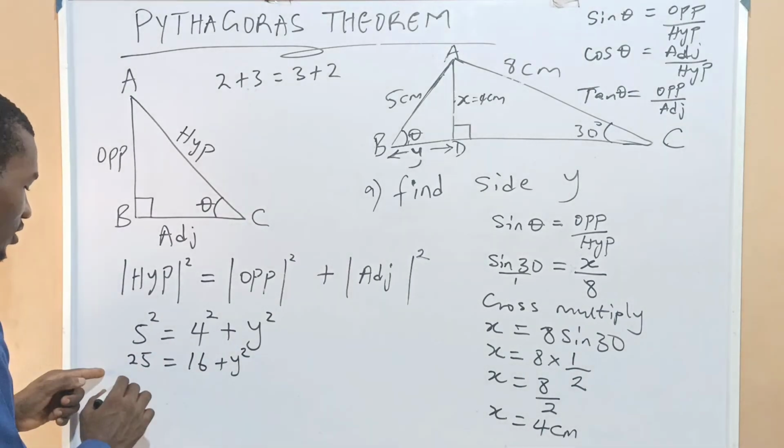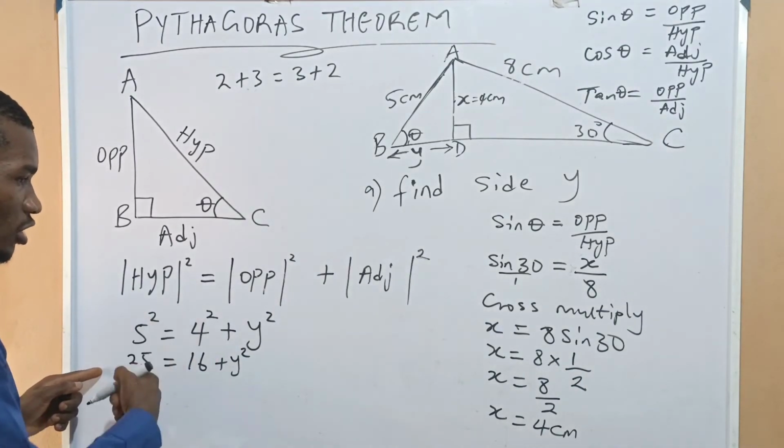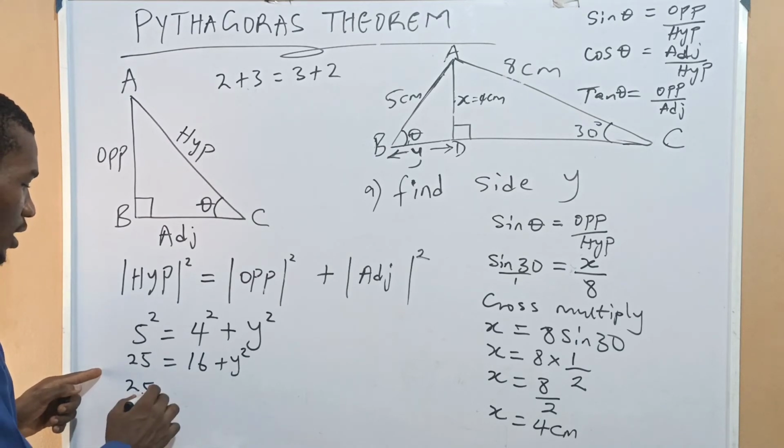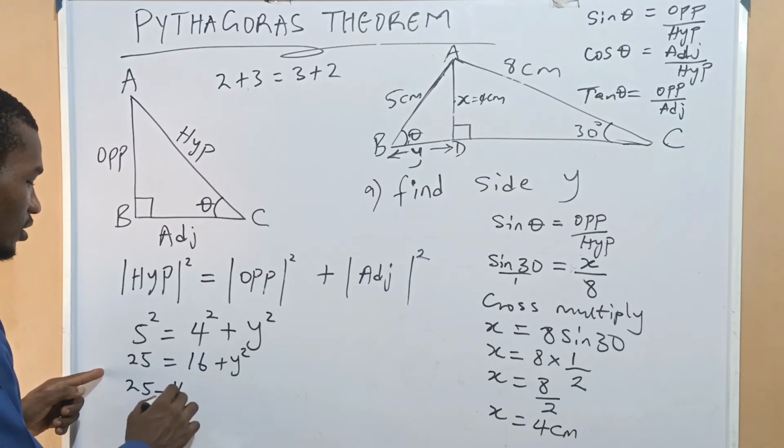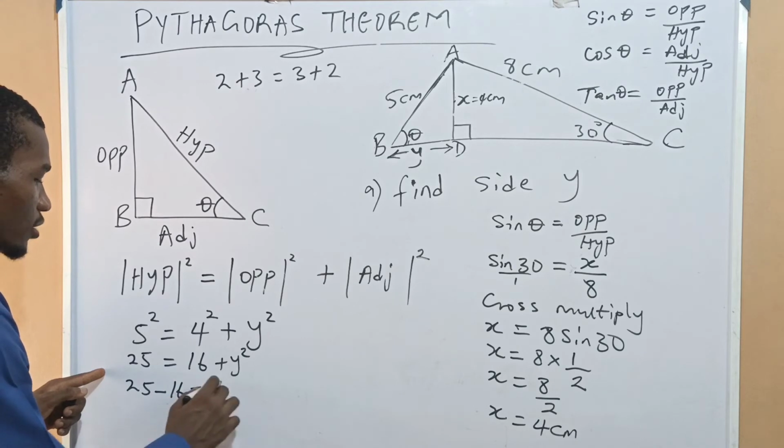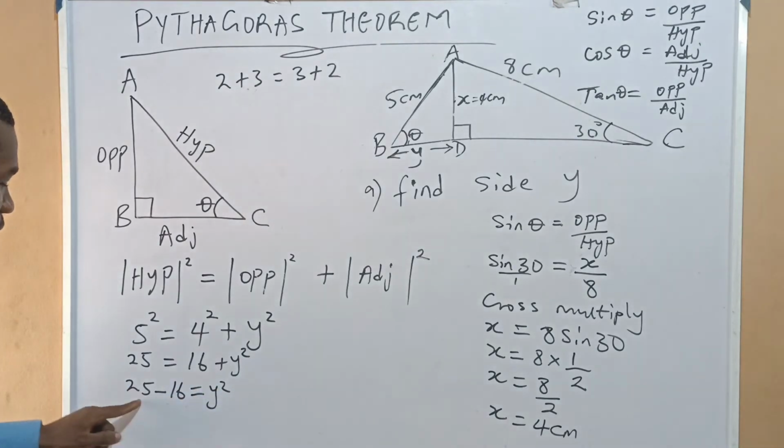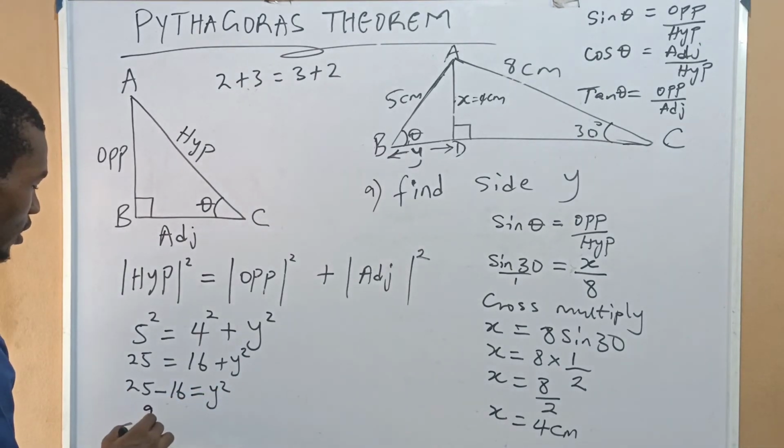And this is the same thing as saying 25, 16 coming to the other side of the equation will be now negative 16, and that is equal to y squared. Such that 25 minus 16, we have 9, and 9 is equal to y squared.